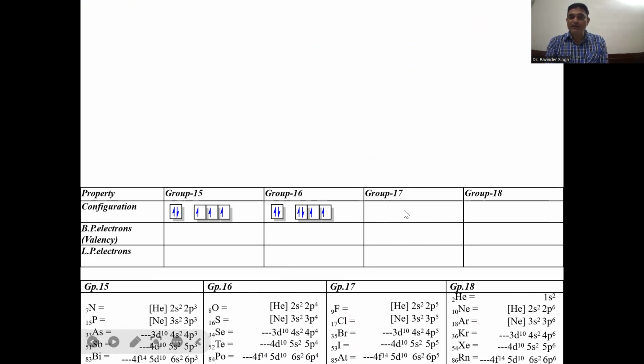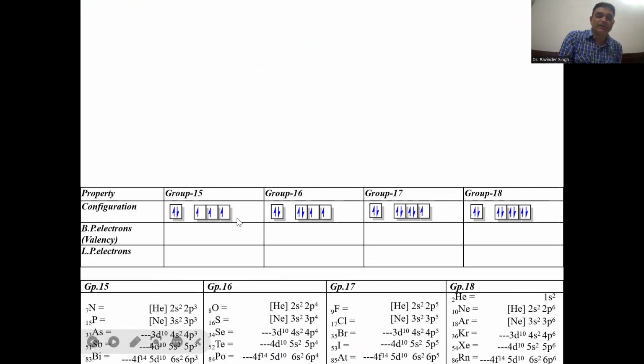Similarly, in group 17, the first element is fluorine, with valence configuration 2s2 and 2p5, according to Hund's rule. Group 18 is neon, with valence configuration 2s2 2p6.